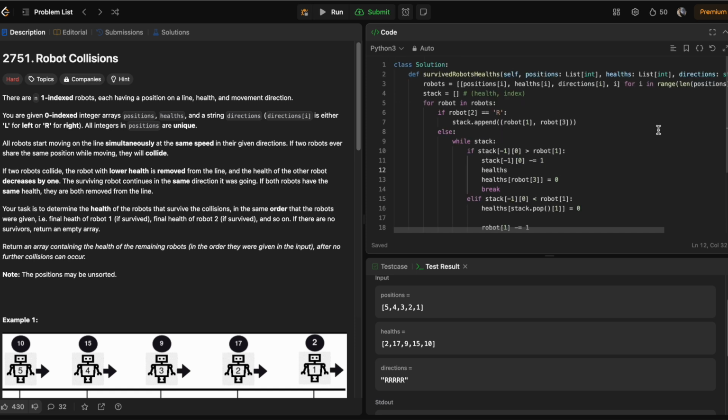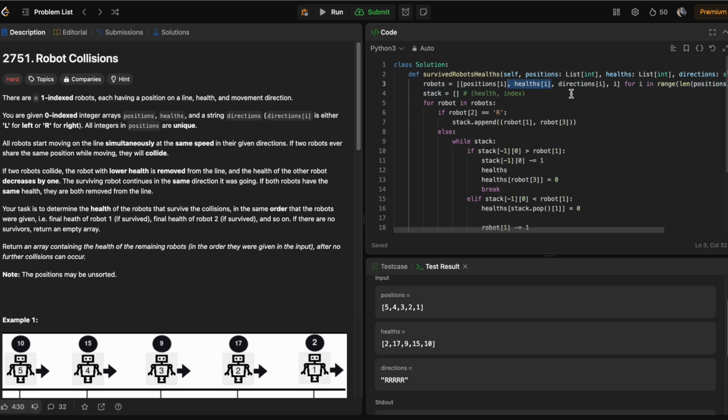You know what? Maybe I'm doing this the wrong way. We don't need to keep track of healths at all inside the robot tuple, because we just need to keep track of I and directions. Because then we could just use I to query healths, the array, and then find out the robot's current health.